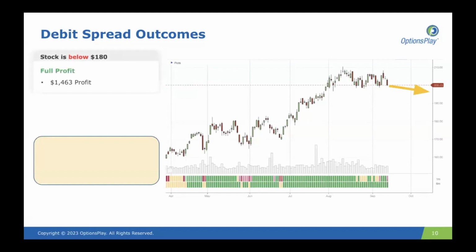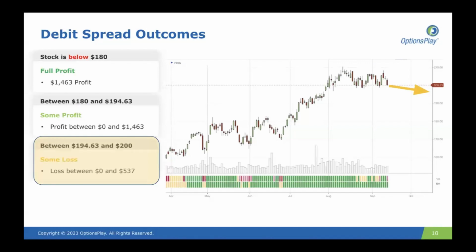So if we do land somewhere in the middle, between 180 and 194.63, inside our strike prices, below our break even and above our short strike, well, then it depends on where the underlying stock is at. This is where the hardest scenario happens.